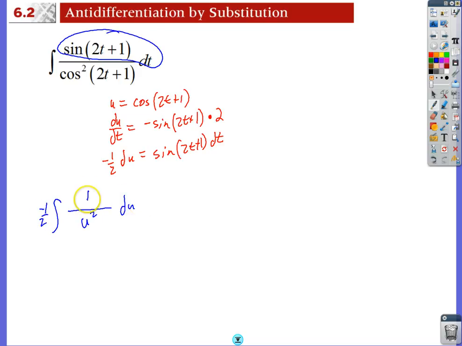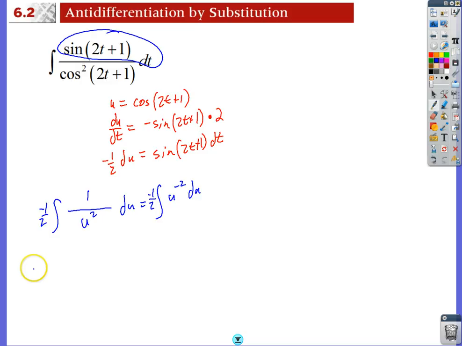Oh, that means it's 1 here. And I'm going to rewrite this as just negative 1/2 times the integral of u to the negative 2 du. So again, I use my power rule to find the antiderivative.